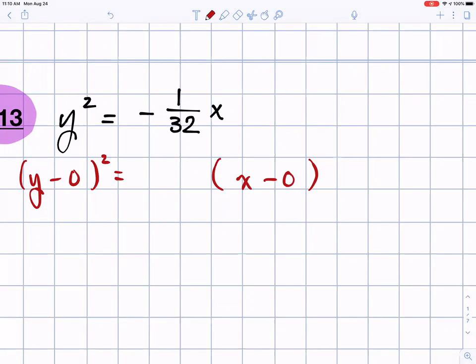You could say negative 1/32, but I'm actually thinking more along the lines of the standard equation. According to the standard equation, what goes in that empty spot? Yeah, 4C. You go, okay, I get that 4C is the same thing as negative 1/32 because they're in the same spot. But how am I supposed to figure out what C is?